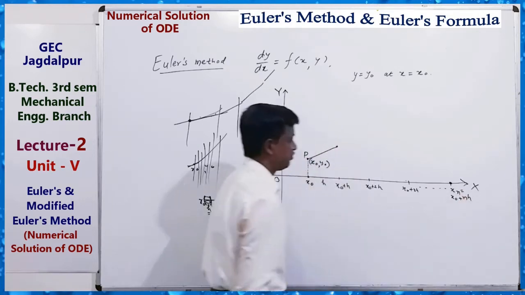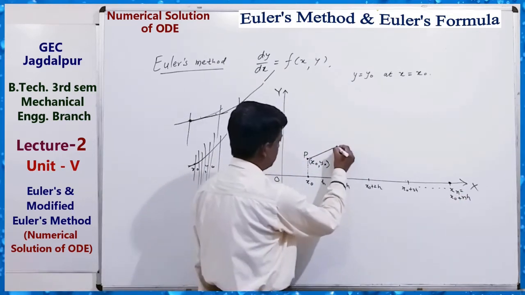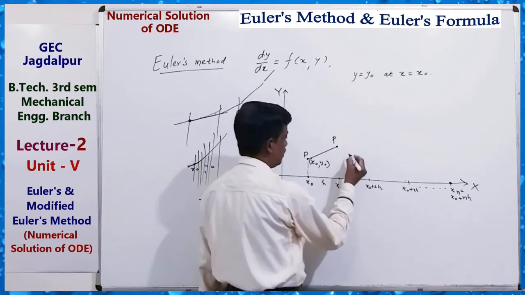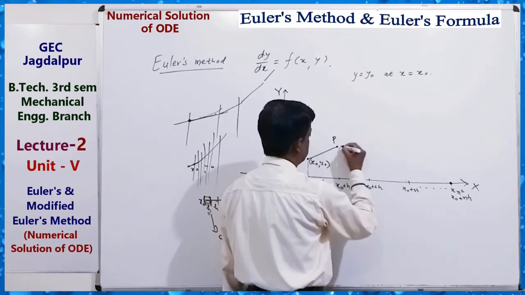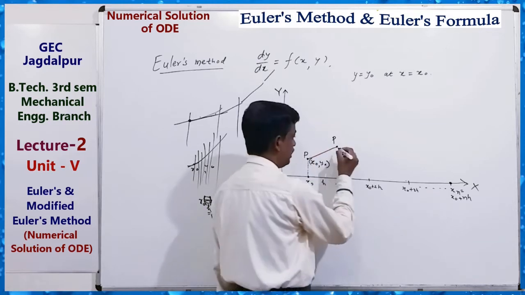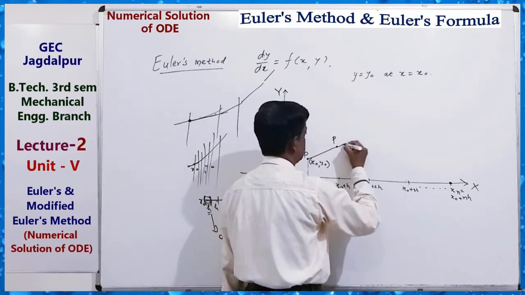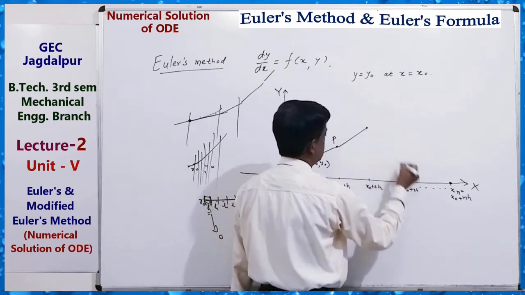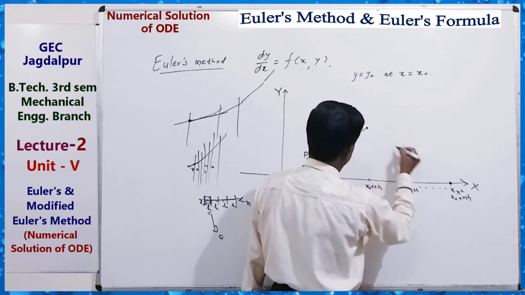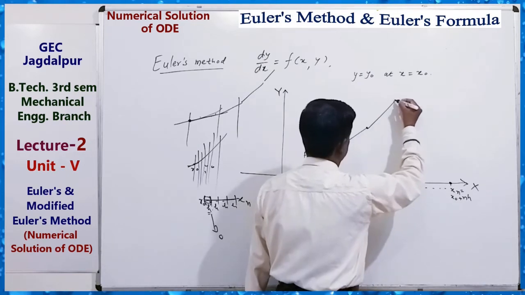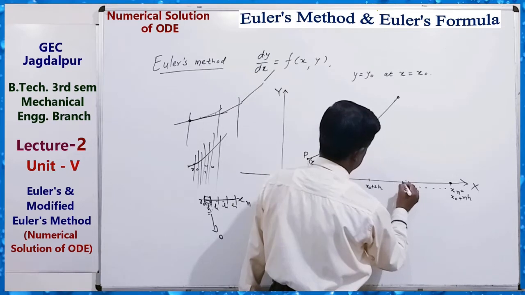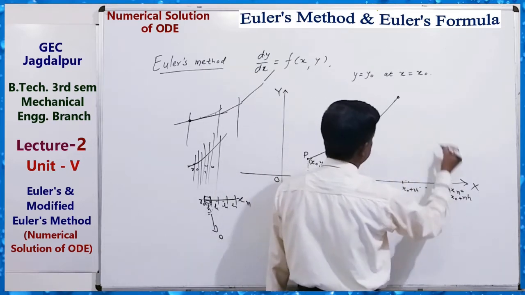In this part P1 is tangent to the curve, and also in this part if we take tangent, then this will be just like this, and in this part if we take tangent, this part will be like this.